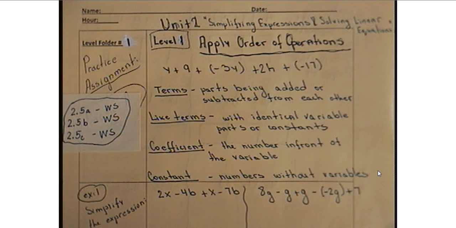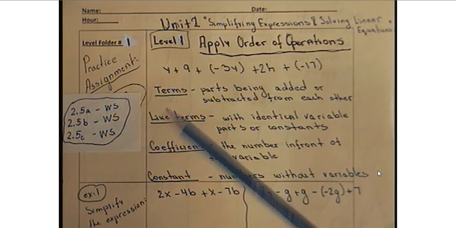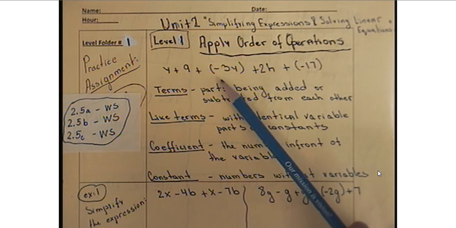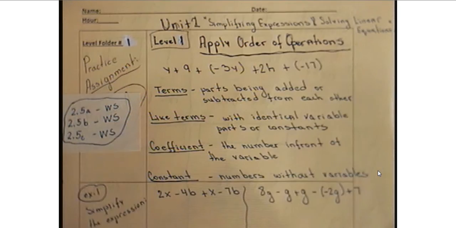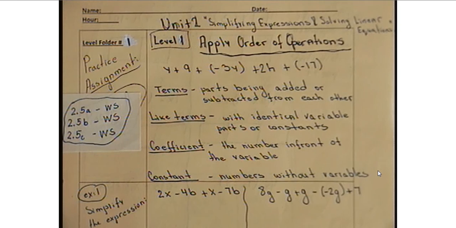Now, here's an example of having different terms as one expression. So notice we have a variable, a number variable, and another number. All of those things combined together we call expressions. But also each one of those has their own name.